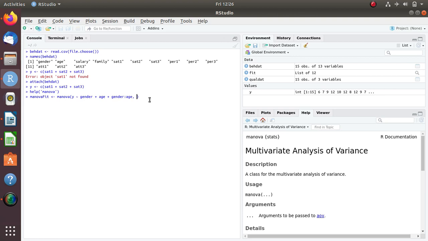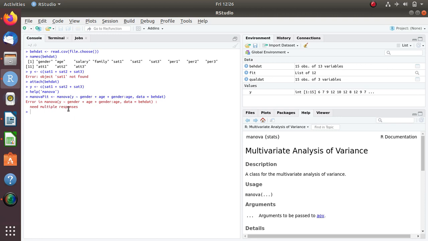Now data is behavioral data. If I don't have a mistake in my statement, I should be able to, yeah, I got the error: need multiple responses. Where is gender, behavioral data? Need multiple responses.